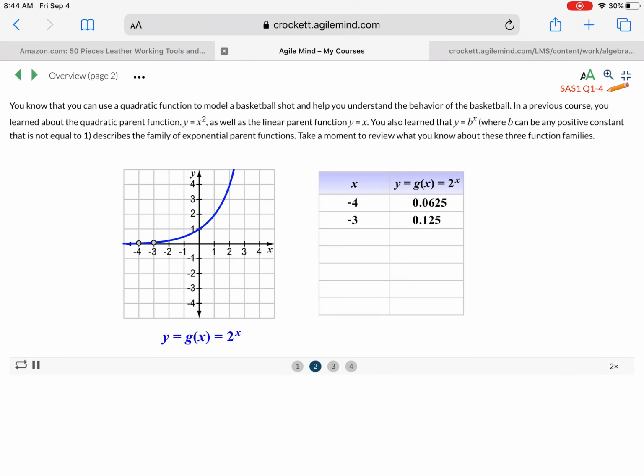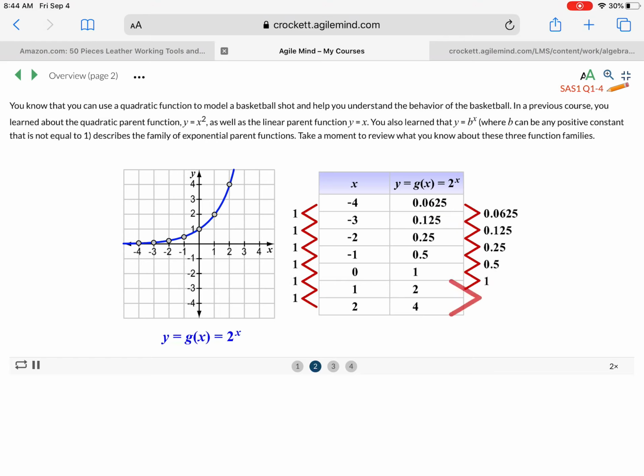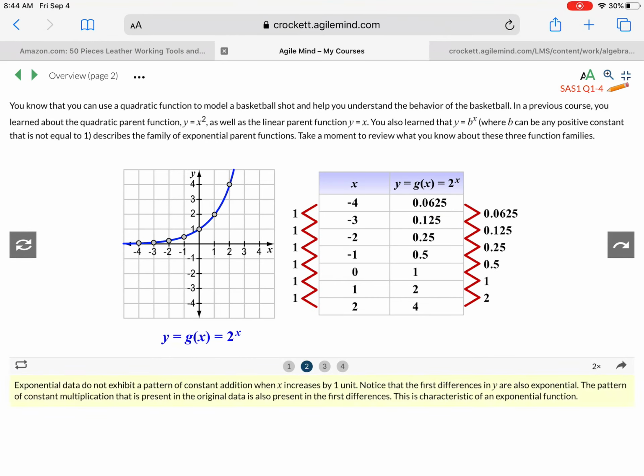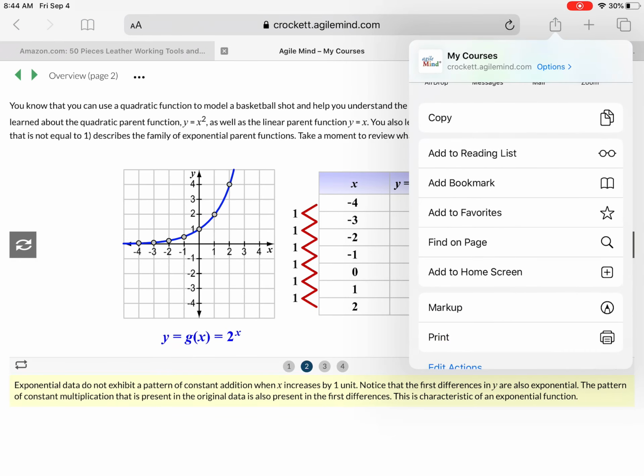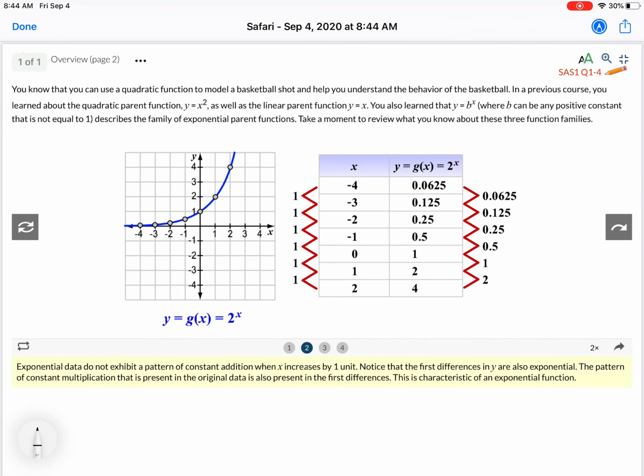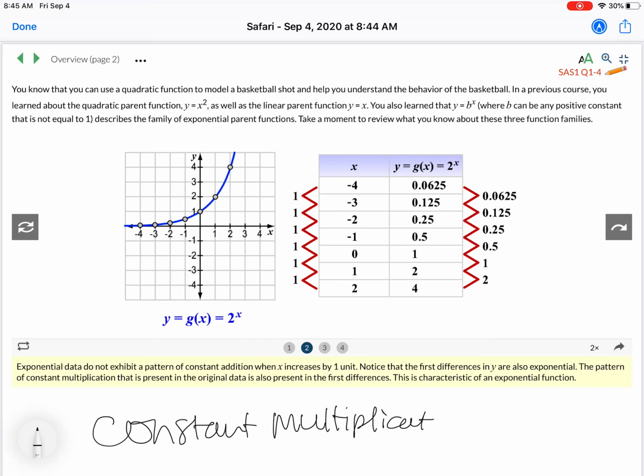All right, next we have an exponential function. Okay, so you kind of see the Nike sign. So instead of a constant addition, we have a constant multiplication. Okay, so I want you to write constant multiplication.